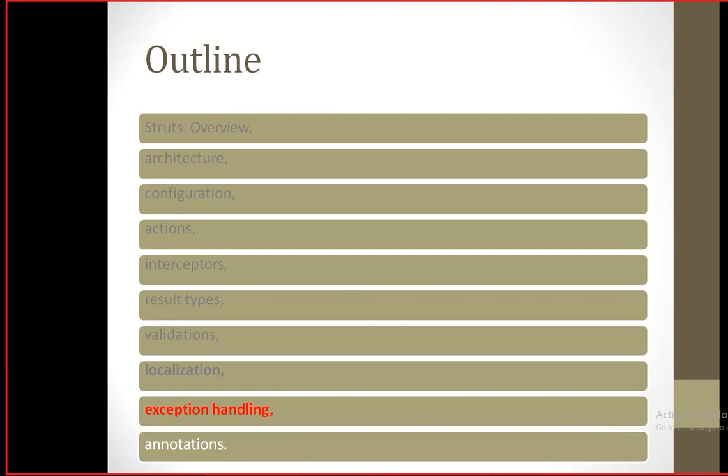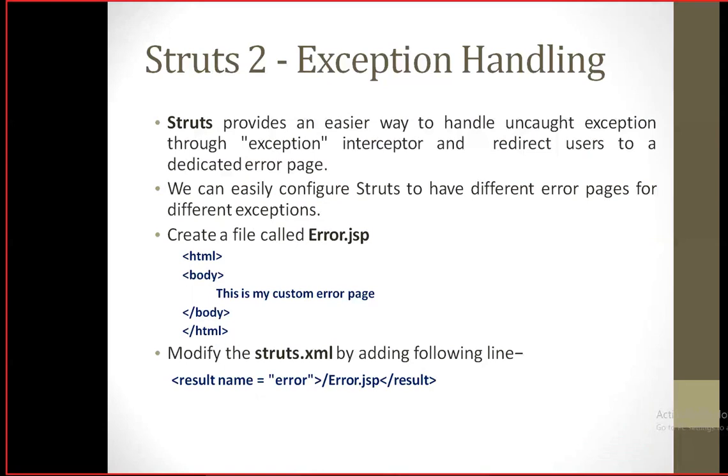So the last part is regarding exception handling. How do we perform exception handling? Again, any exception handling we can perform with the exception interceptor, right? In the Struts framework, exception handling is performed through the interceptor named exception.